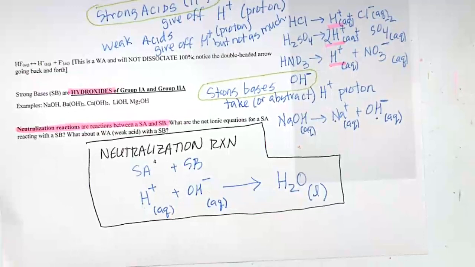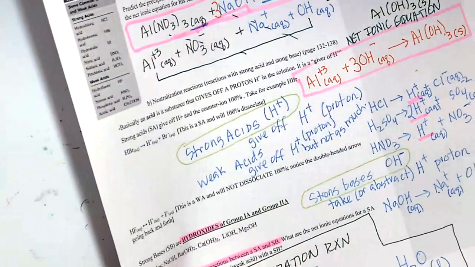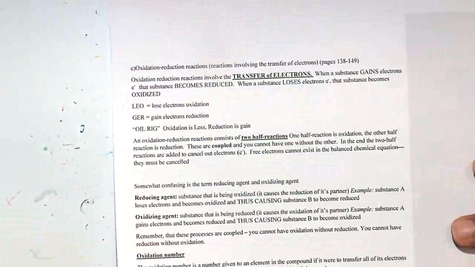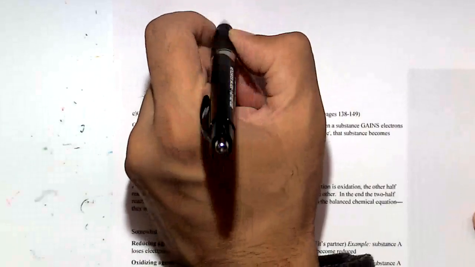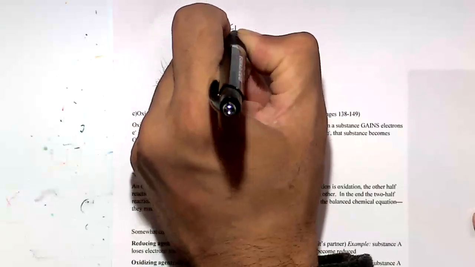All right, so now let's do something a little different. Okay, we're going to clear our minds. Still remember this, don't forget this. And let's do something very different here. Let's talk about oxidation reduction reactions. Okay, these are called redox reactions.